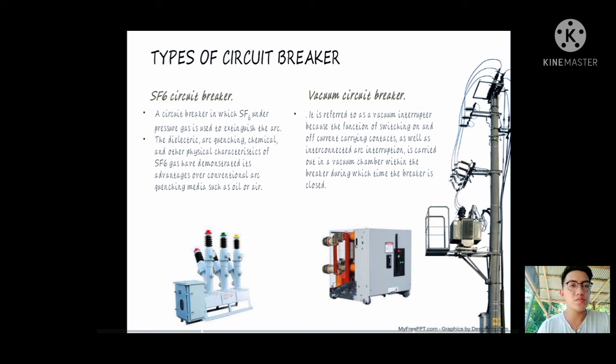So the vacuum circuit breaker is referred to as a vacuum interrupter, where one of its functions is the arc interruption that comes from our vacuum chamber within the breaker during the time when the breaker is closed or trips.